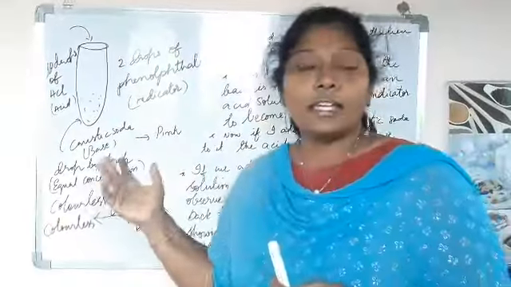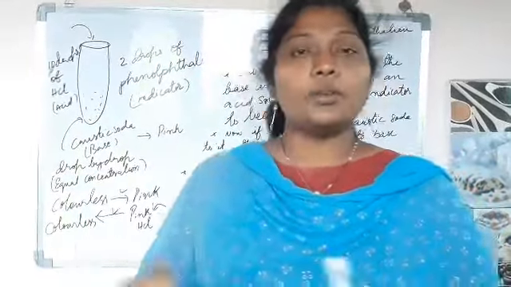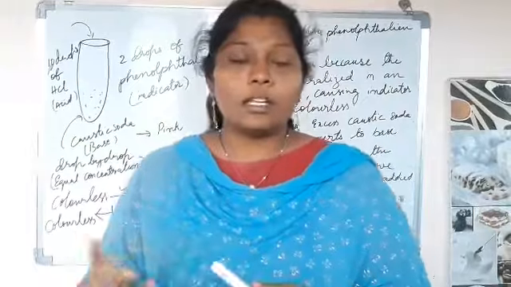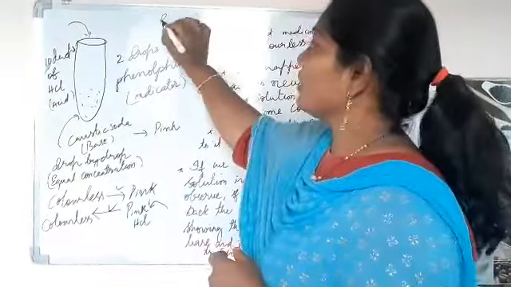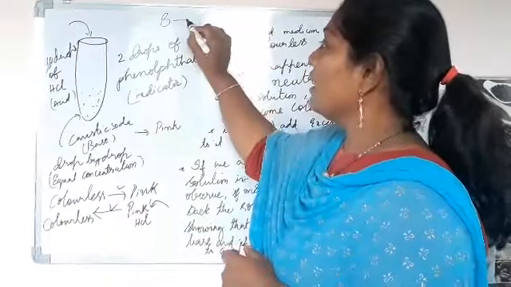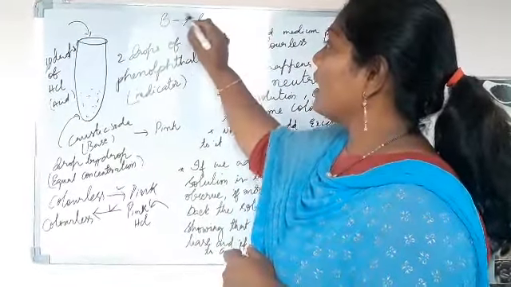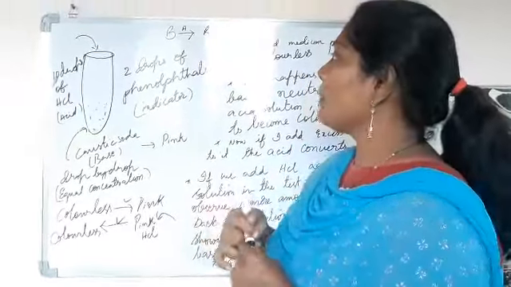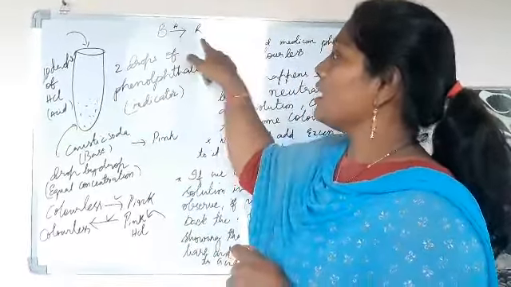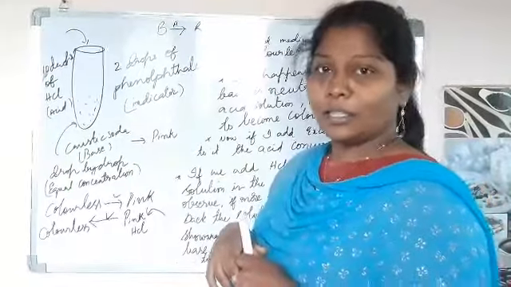So we can test this simply by using a litmus paper. So what is the litmus paper? When a blue litmus is taken, it will convert into red in acidic solution. Yes? If you dip a blue litmus paper in an acid, it turns into red. Okay.